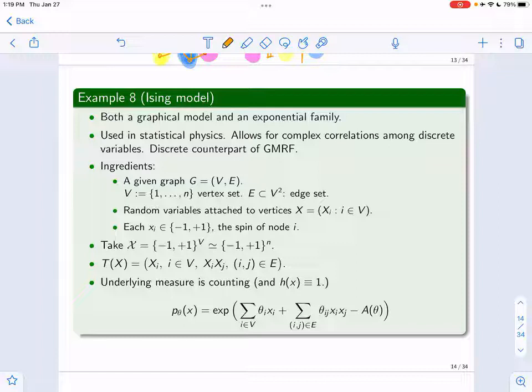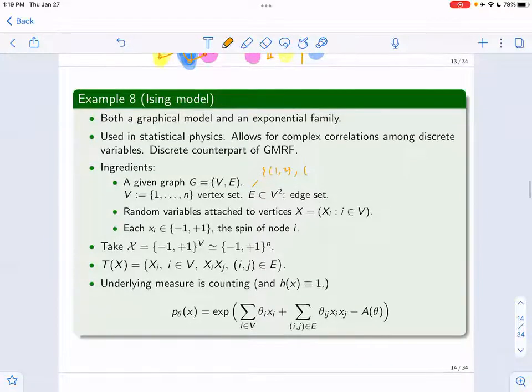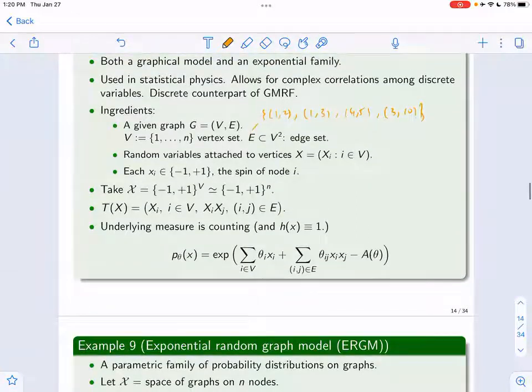E would be a subset of the Cartesian product of V with itself, usually not including the diagonal. So something like 1, 3, 4, 5, 3, 10, if you have 10 nodes.